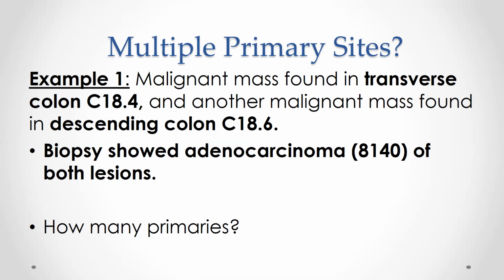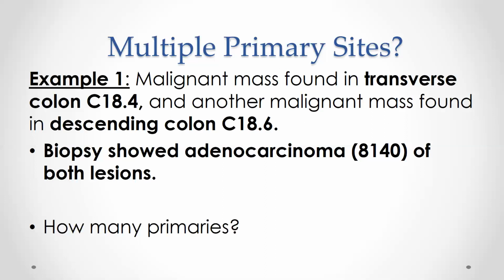Both of the biopsies in both of these locations in the colon ended up being adenocarcinoma, so 8140 for both lesions. And then it helps to pencil in your primary site: for transverse would be C18.4. Primary site for descending colon would be C18.6. So from there, we can go to the multiple primary rules and see if we have more than one abstract.